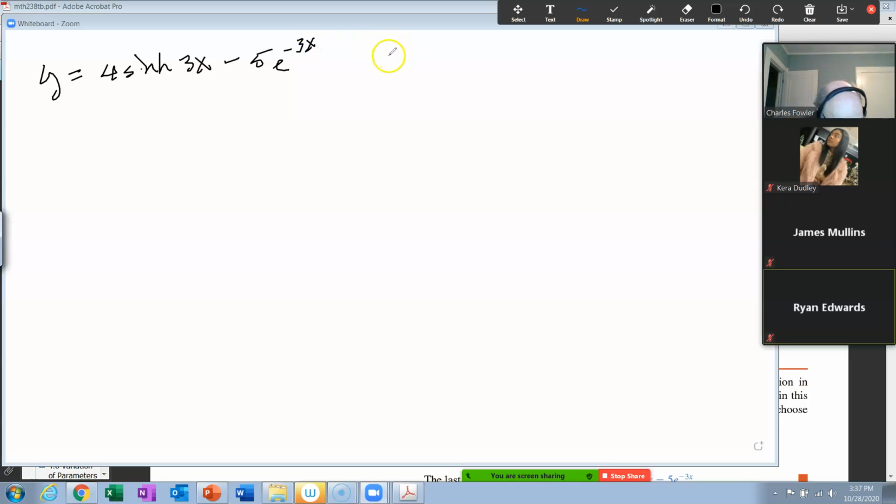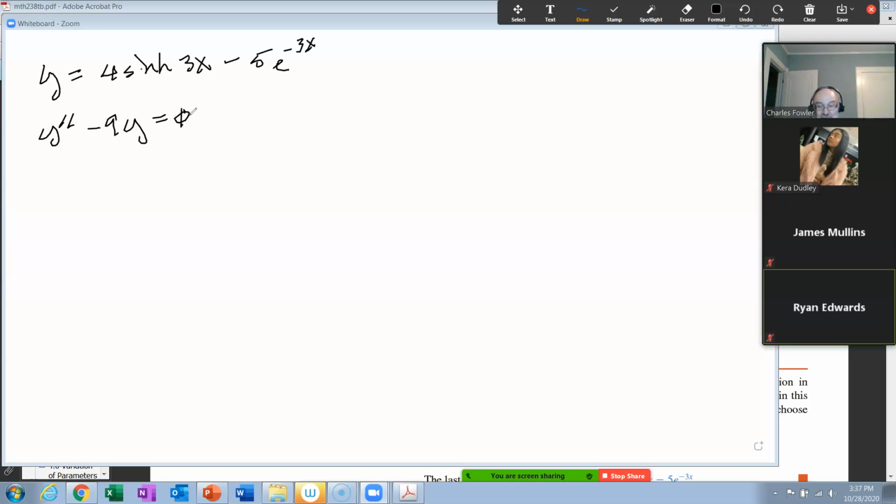And they claim that is a solution of the differential equation in example 7. In example 7, that differential equation was y double prime minus 9y equals 0.